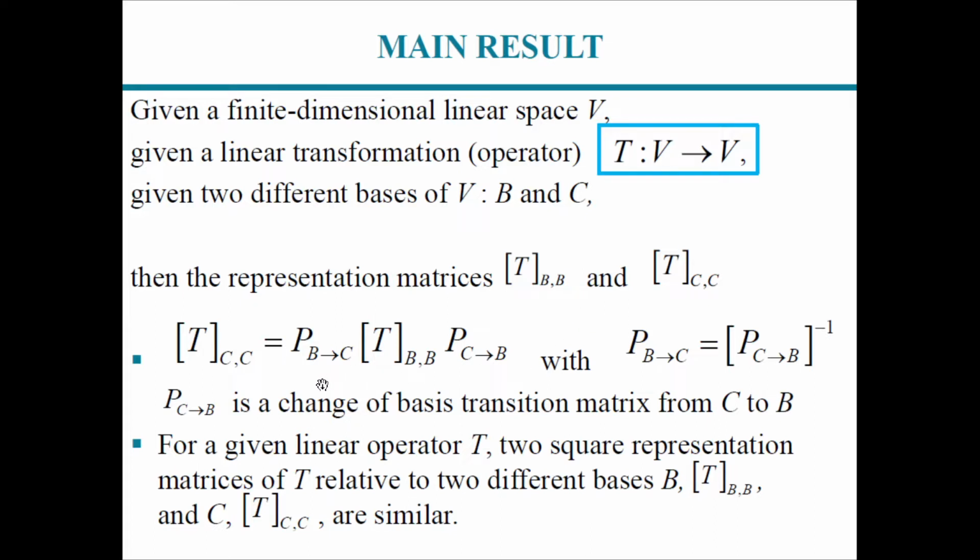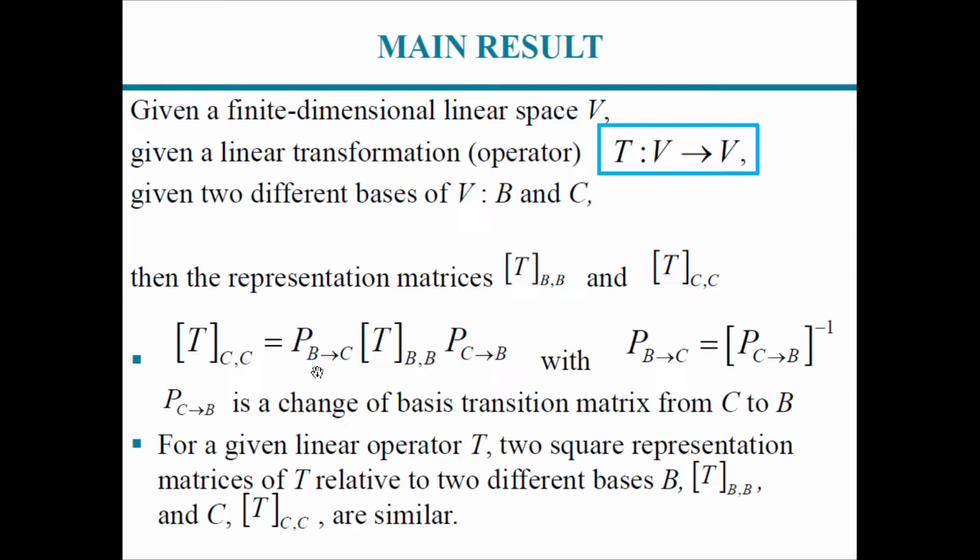Well, they are linked, and the link is this matrix P, which is invertible, and this is the matrix that is actually the change of basis transition matrix from the basis C to basis B. So this matrix obviously is always square, and it is always invertible, and its inverse is on the other side.